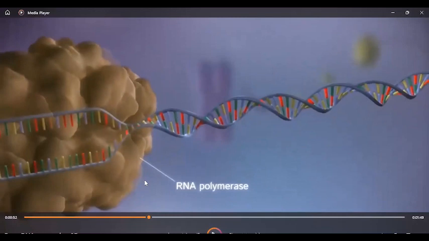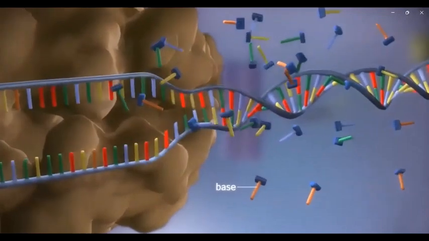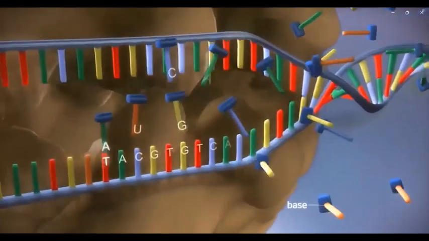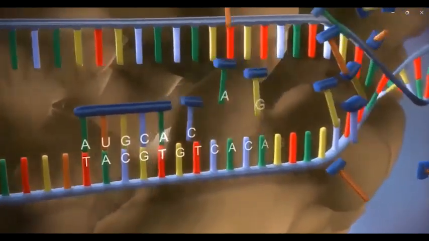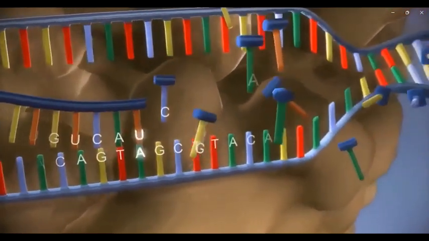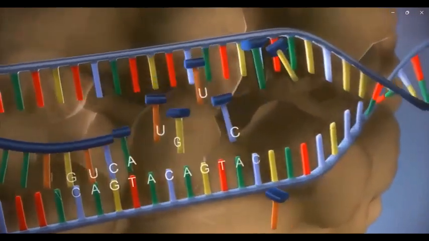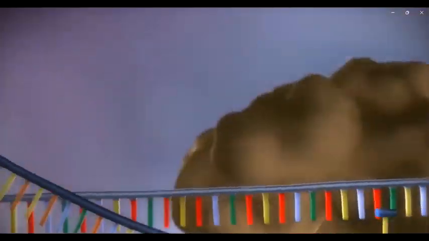Then, as I explained, the DNA strands get unwound at that particular point. It moves along the DNA, making a strand of messenger RNA out of free bases in the nucleus. The DNA code determines the order in which the free bases are added to the messenger RNA. This process is called transcription.